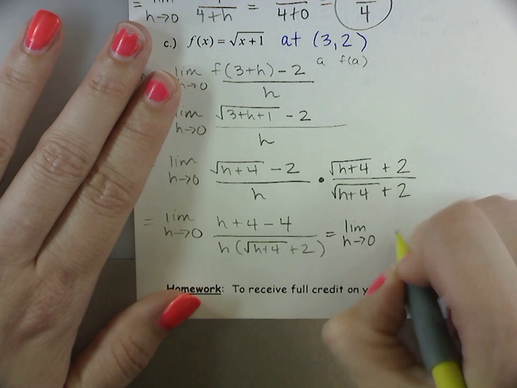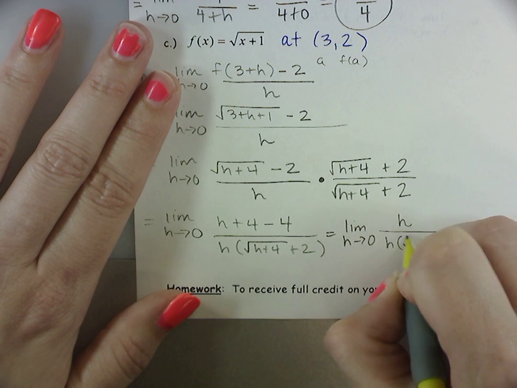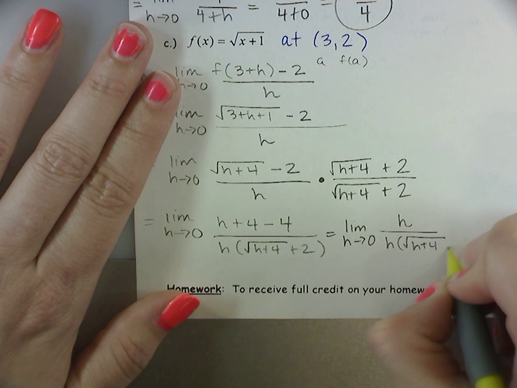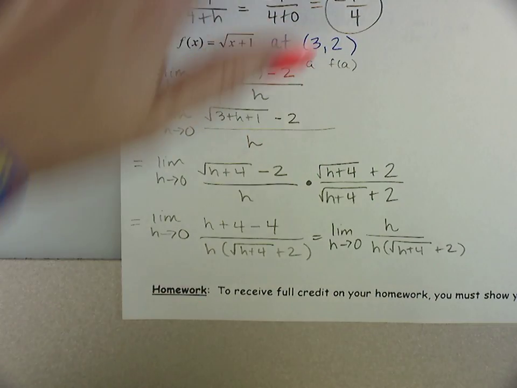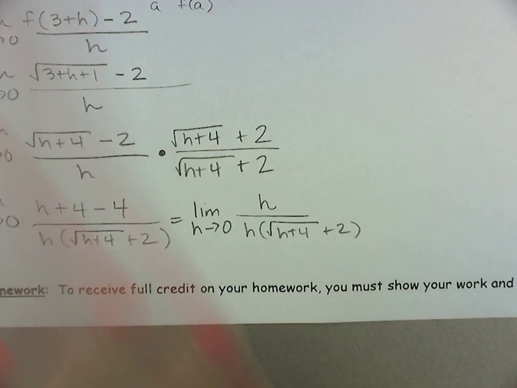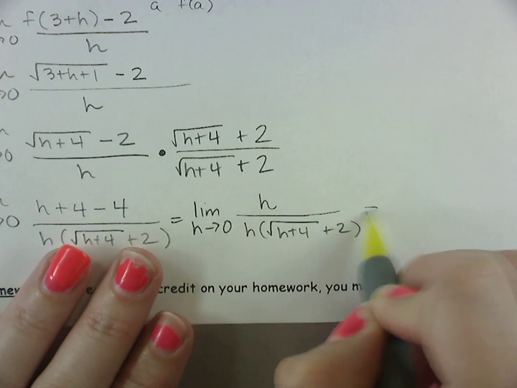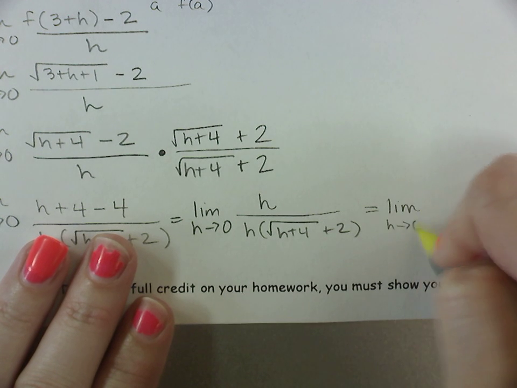Now we're going to write out each step, which I know some of you are not going to like. I'm sorry. You'll do this next year in calculus as well. In the next step, you can go ahead and simplify because you know that your h's are going to make what?